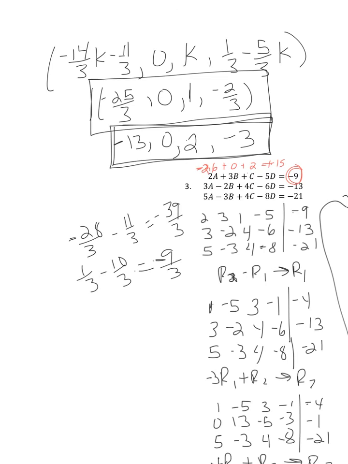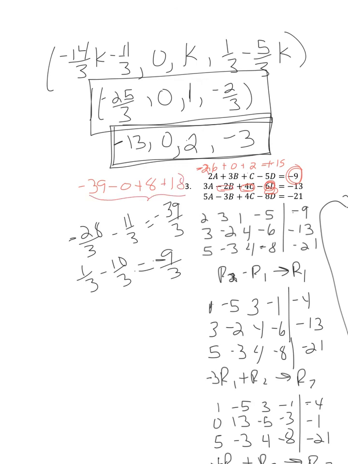If I stick it into this one right here, negative 3 times, 3 times negative 13 would be negative 39. Then I've got minus 2b, so minus 2 times 0. Then I've got plus 4c, so 4 times 2 would be 8. Then I've got minus 6 times, so 6 times negative 3, that'd be negative 18, so plus 18.